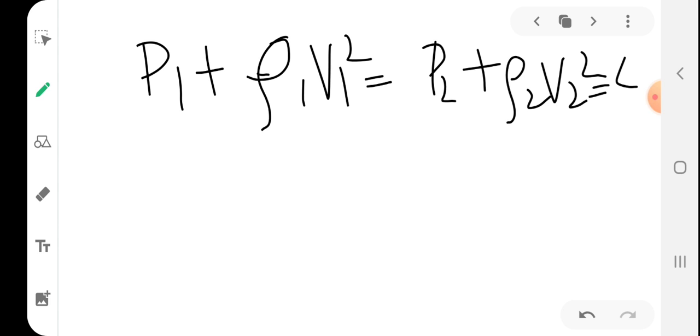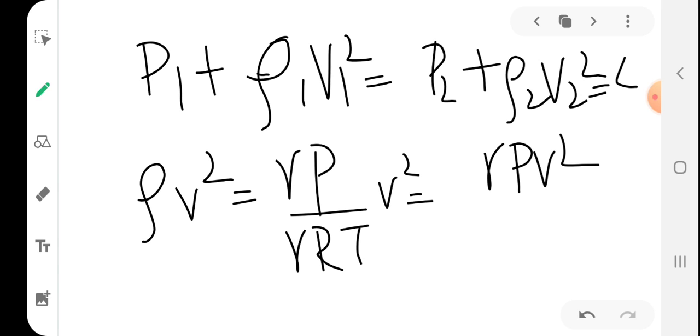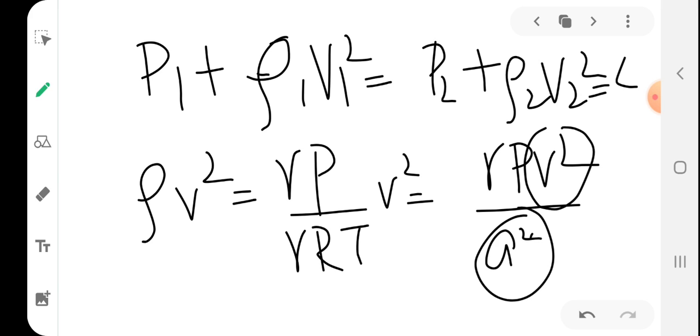Okay. So rho V square can be written with rho as P by RT into V square, right? If I multiply gamma in numerator and denominator, it becomes gamma P V square by gamma RT, which is nothing but A square. So V square by A square will be M square, so rho V square is gamma P M square.